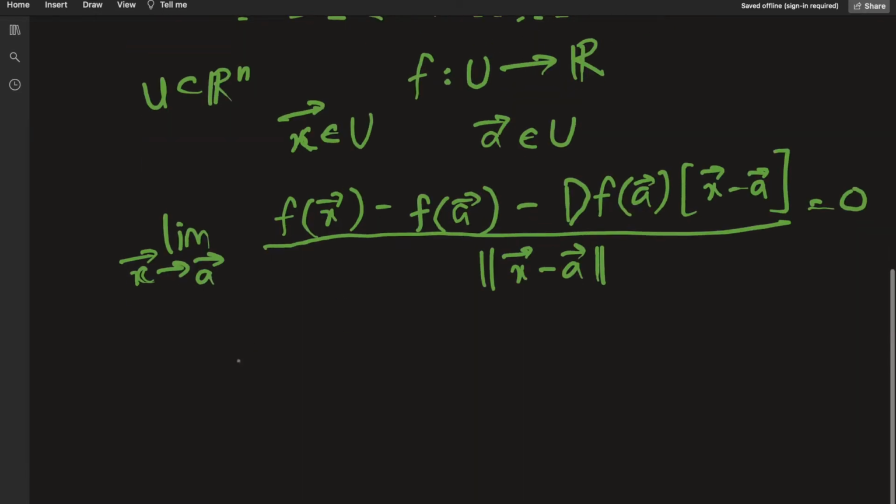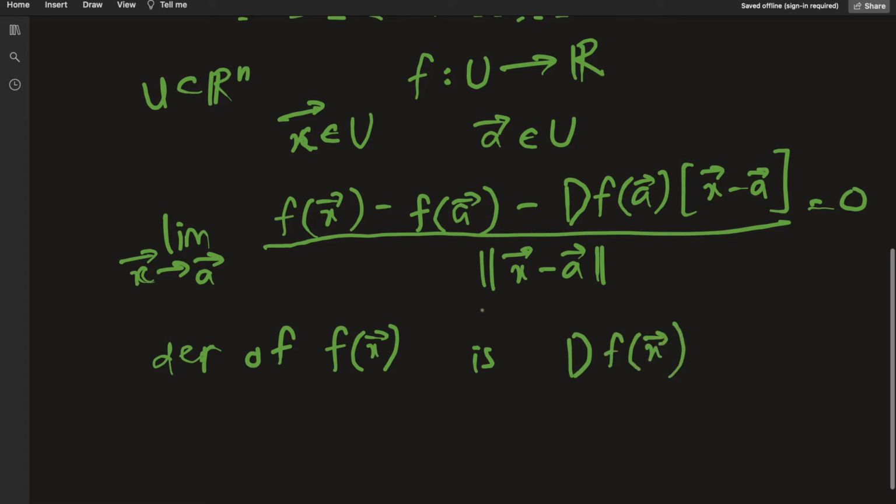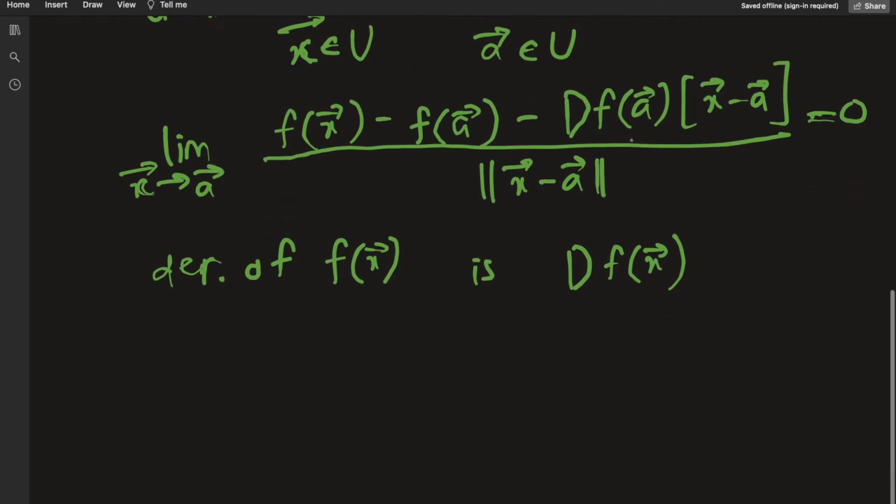That's when we know that a derivative exists, and then the derivative of f at A is df of A, if this is true. And what is d, you may ask?